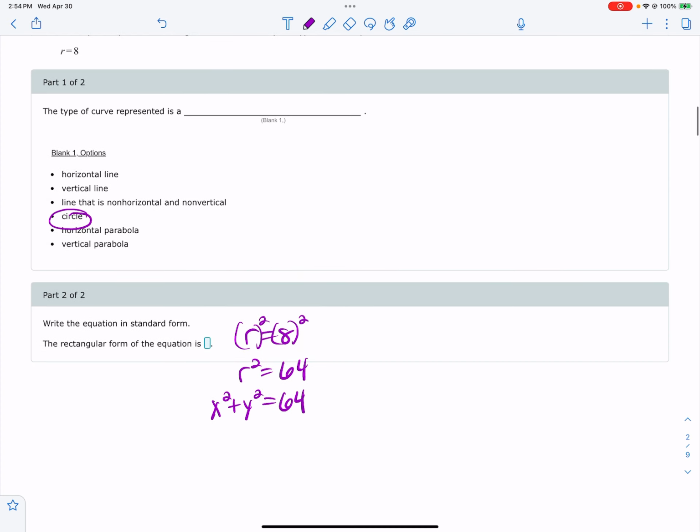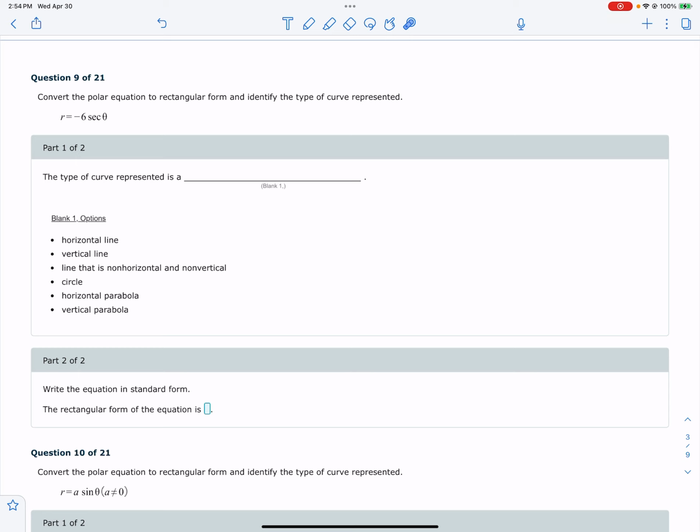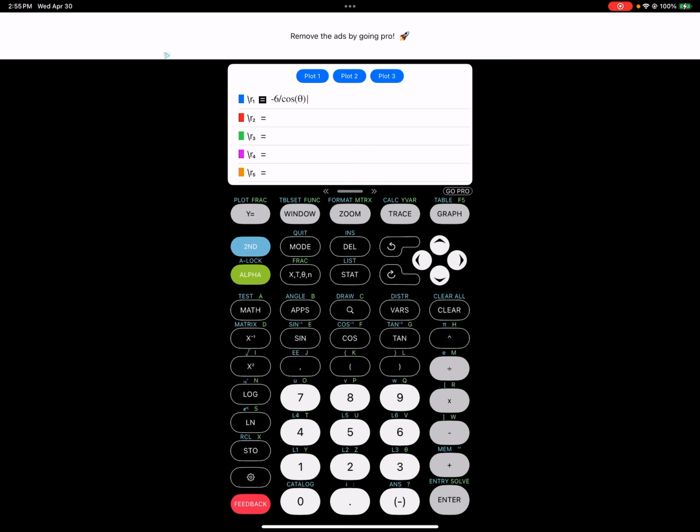All right, so here we have r equals negative 6 secant theta. Now that would be one that, if you wanted to, you could graph and see what it's going to look like. So let me do that with you. That would be negative 6 divided by cosine of theta. So why did I do that? Well, there isn't a secant button on the graphing calculator.